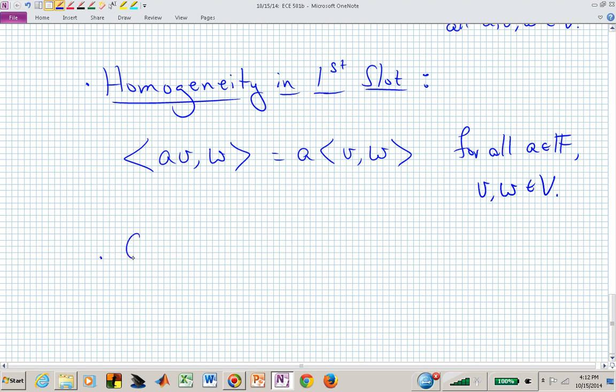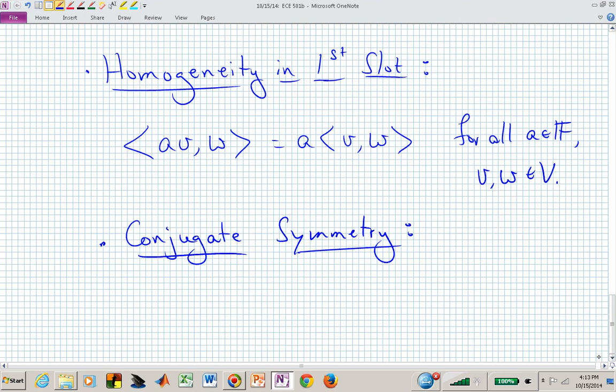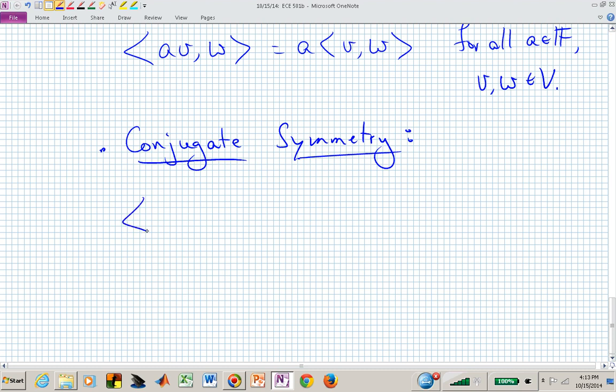Then we want our inner product to have conjugate symmetry, which means that if you look at changing the order of those vectors in the inner product, then you're actually looking at taking the complex conjugate of the changed order of those vectors.